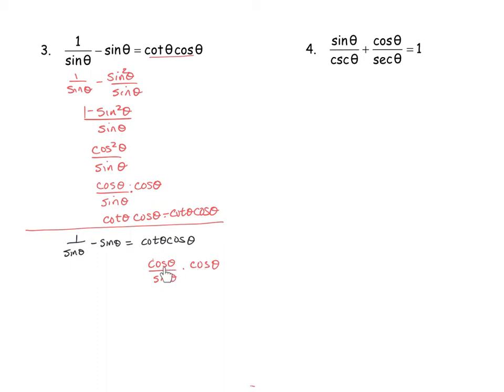But wait a second. I have a cosine times a cosine. And you know that equals what? You know that equals cosine squared over sine theta. And so now, how is something going to be a subtraction? Because cosine squared equals 1 minus sine squared.